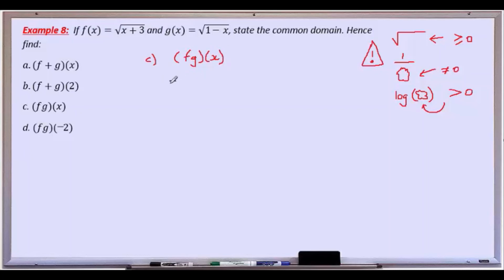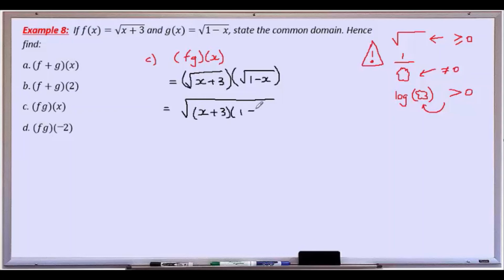So that will be the square root of x plus 3 times the square root of 1 minus x, which if we want to, we could write as the square root of x plus 3, 1 minus x, with everything under the one radical. And remember that x is between negative 3 and 1. And there are our little curly brackets. So there's our answer for part C.